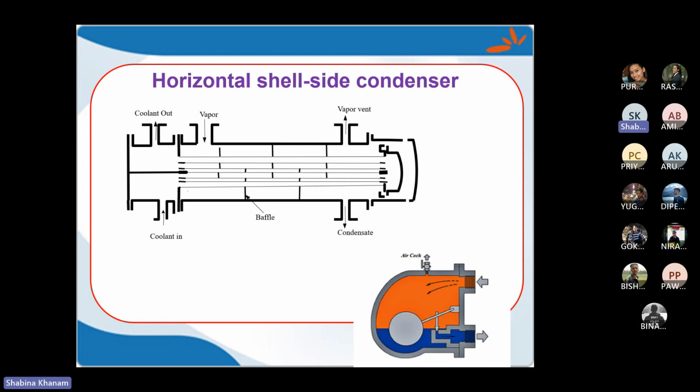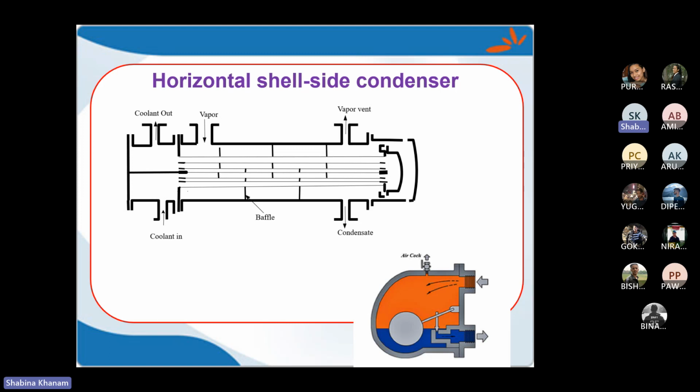When we choose between horizontal or vertical orientation, it will depend on the heat duty. If the heat duty is large, we need to go for horizontal condensers. For shell side and tube side condensation, only if your vapor is corrosive in nature will you choose tube side condensation.